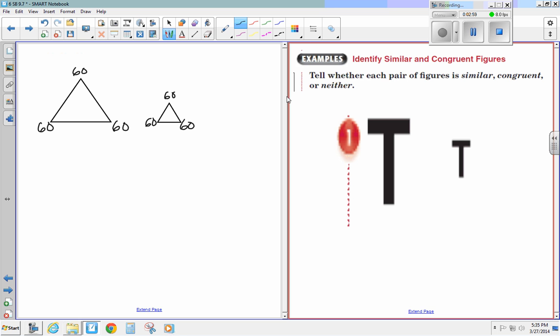All right. So all we have to do is look at this and tell whether each pair of figures is similar or congruent or neither. These are similar, not congruent. Similar because same shape, different size.